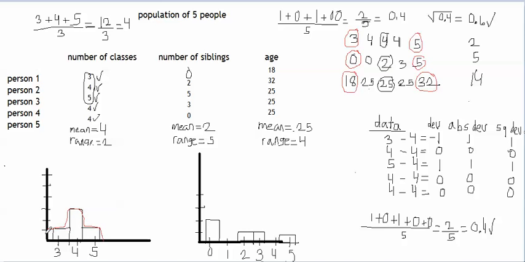In this shape right here, the data goes up and then back down, which means that most people have values in the middle and fewer people have lower and higher values.